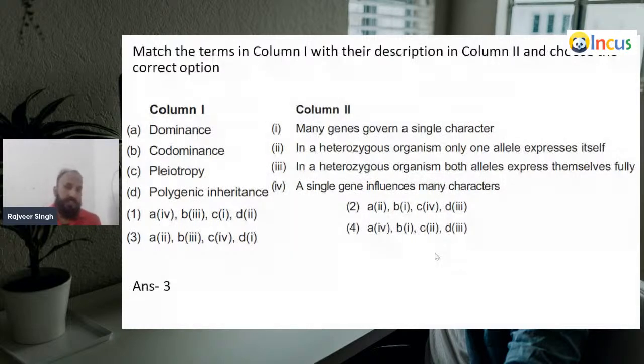Pleiotropy means a single gene influences many characters, a single gene and many phenotypes. Then D is polygenic inheritance. It means many genes govern a single character.